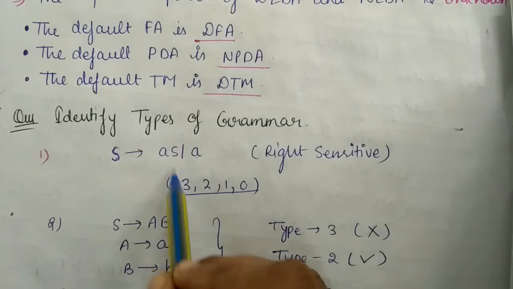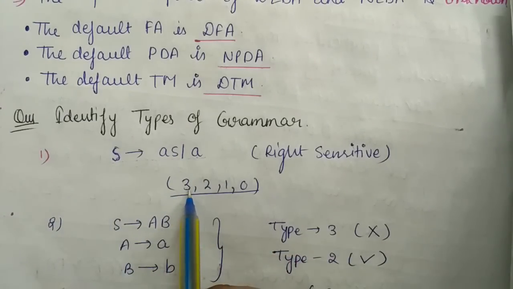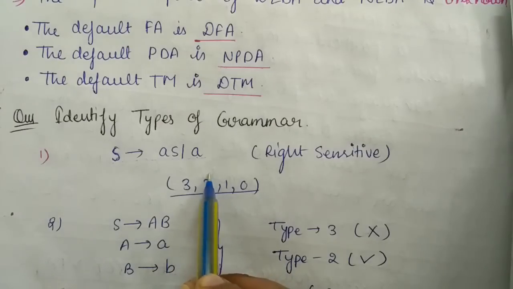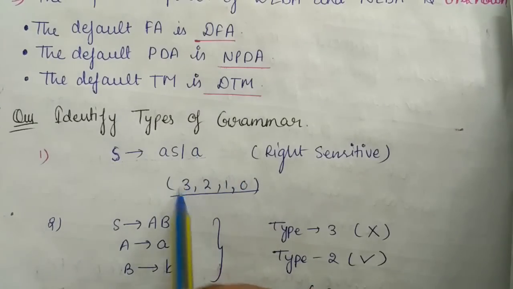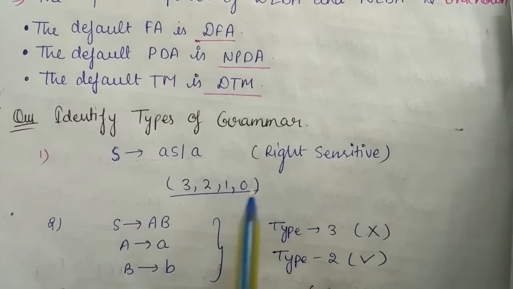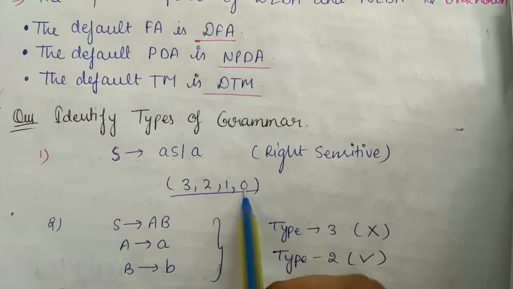If the grammar comes under type 3, then automatically it will be of type 2, then type 1, and then type 0, because 3 is derived from 2, 1 and 0 only. 2 is derived from 1 and 0. 1 is derived from 0.